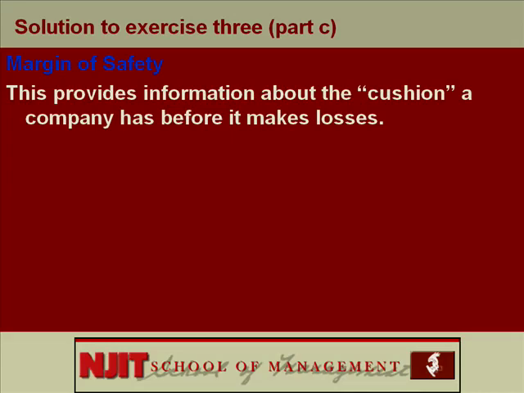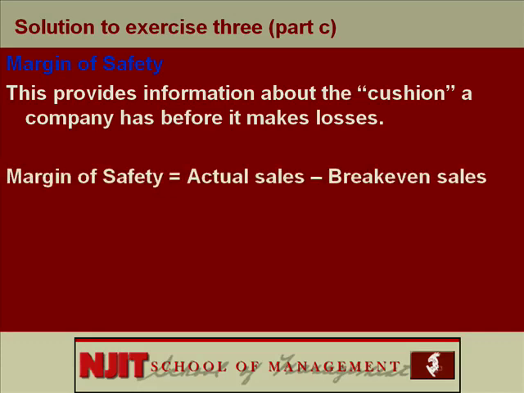This provides information about, for lack of a better word, let me use the word cushion, a company has before it makes losses. The formula is margin of safety equals actual sales minus break-even sales. We already computed break-even sales, and we know the actual sales.